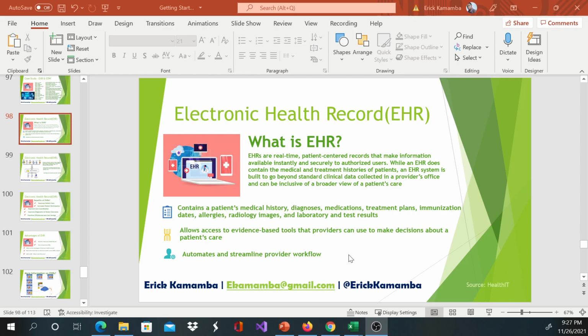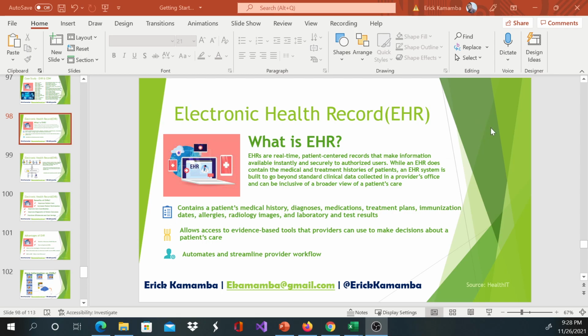Okay, so this information here is connected to your medical history, maybe sometimes even your family history. Okay, diagnosis, if they diagnose anything, they're gonna enter into EHR system. Okay, medications or treatment plans and all that.